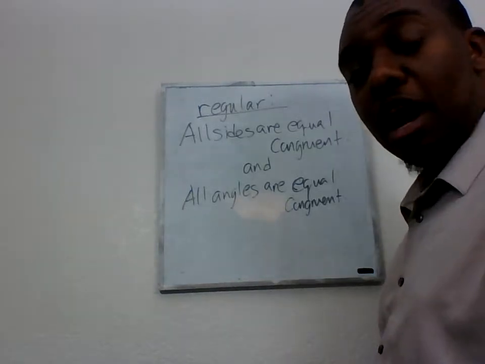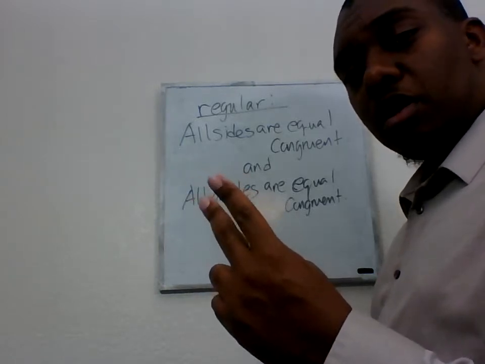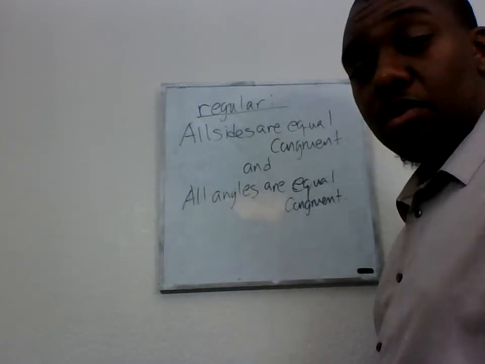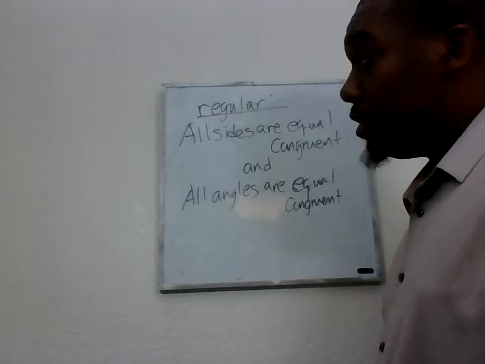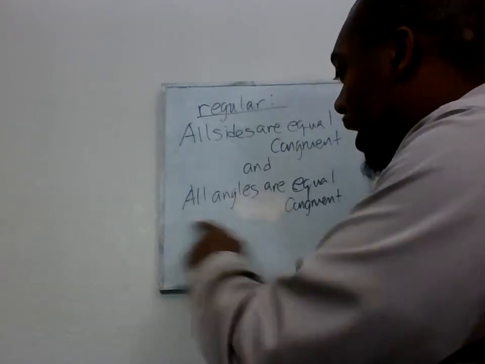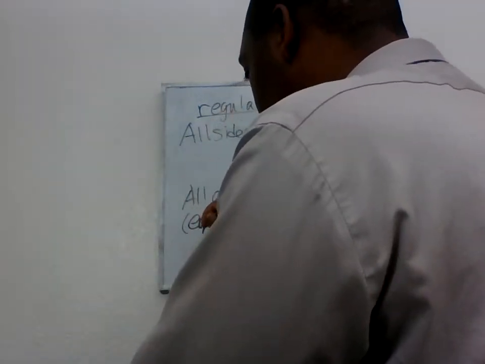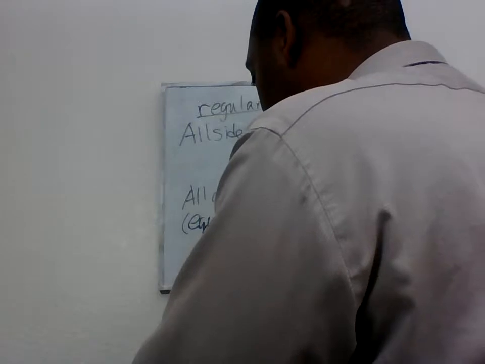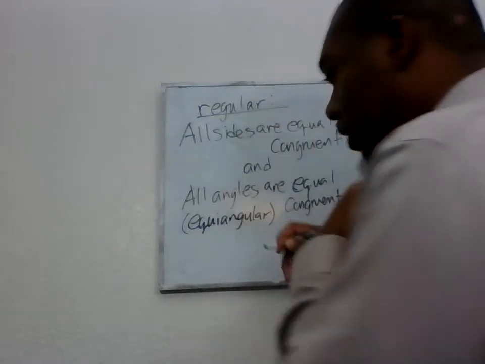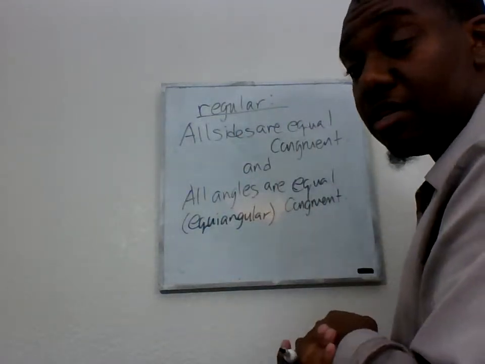And when we were looking at triangles before, we had 2 other words that we talked about: equilateral and equiangular. So if all the angles are equal, it's also called equiangular. Okay. If all the sides are equal, this is called equilateral.